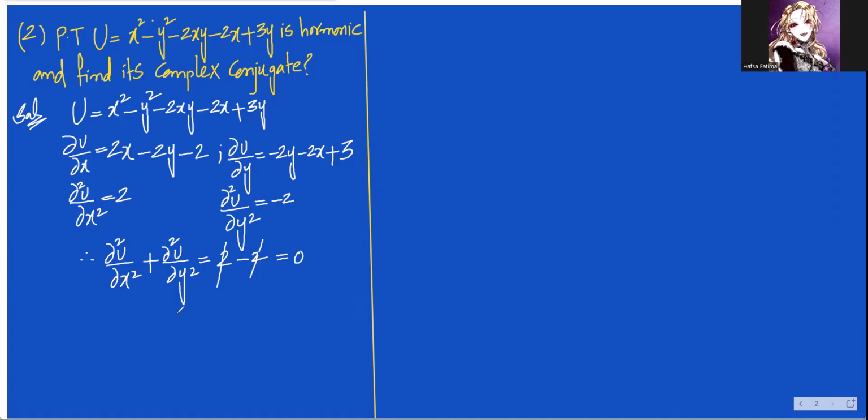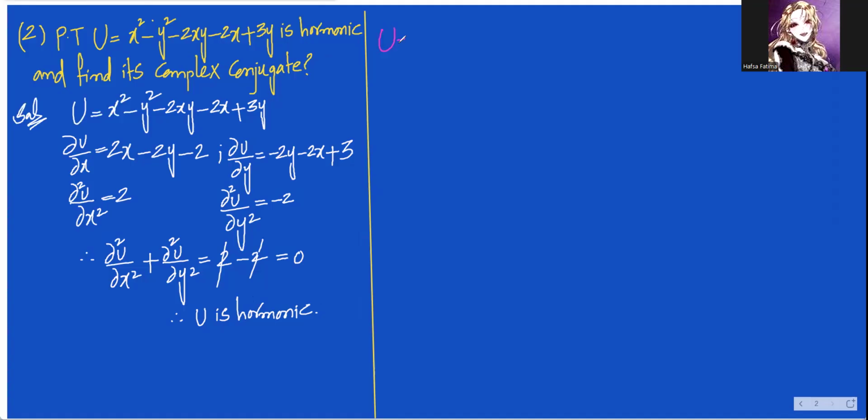Therefore, I can say that u is harmonic. Now, after that, we take that u value and go for the construction part, we find f of z, and using f of z we can easily find its complex conjugate.